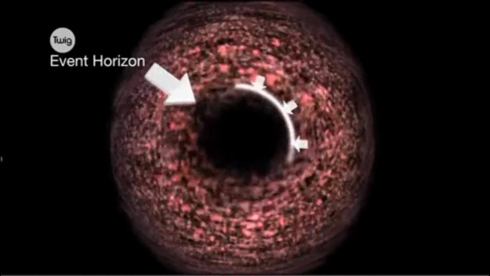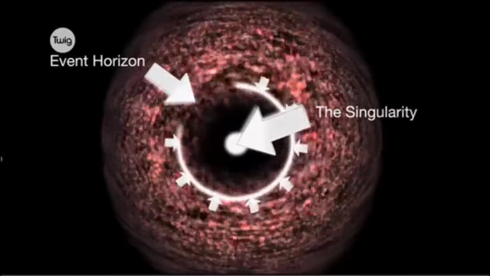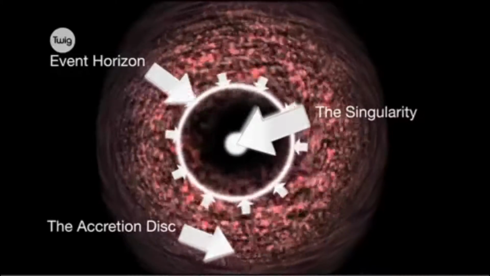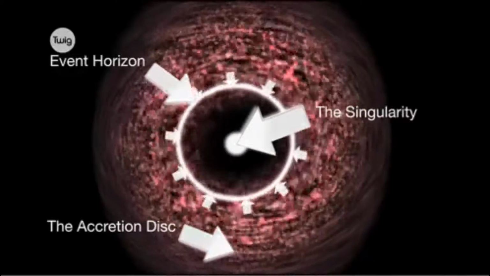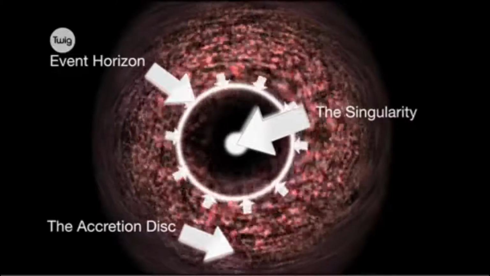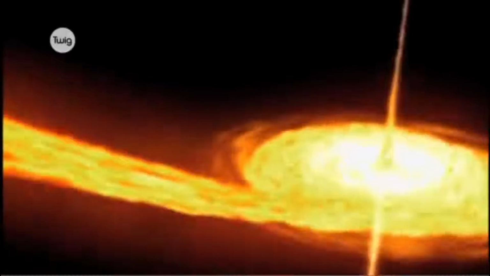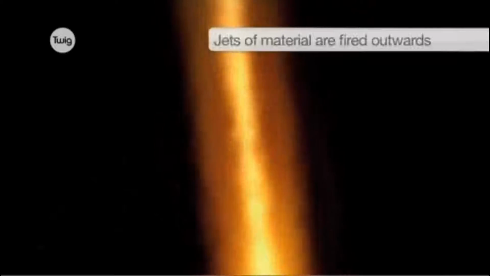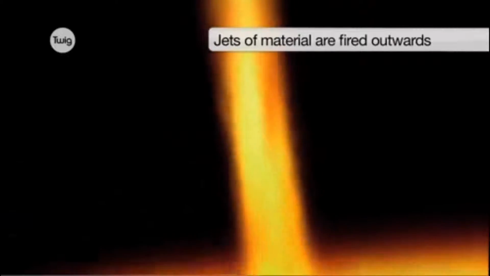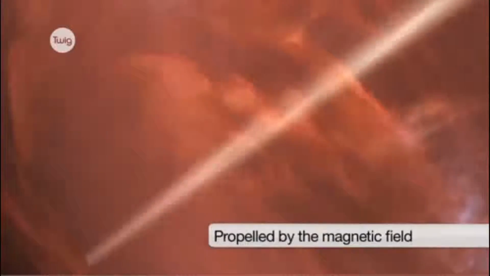The event horizons of many black holes are surrounded by an area of hot infalling gas called an accretion disk. If the disk is spinning rapidly, some of its matter can be shot out into space at incredible speeds. It's propelled along the powerful magnetic field which the disk generates, creating colossal jets of radiation.